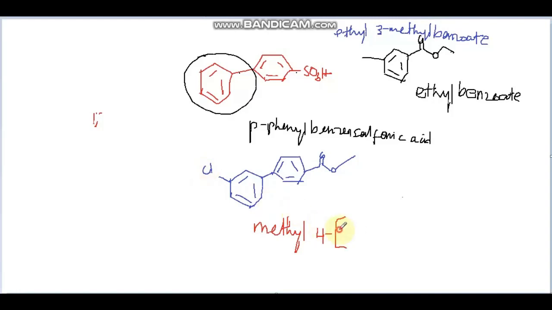So it becomes 3-chloro phenyl in bracket. This means that we have a phenyl group with a chlorine at position 3. Now the whole of this bracket is at position 4 of the benzoate. So it becomes methyl 4-(3-chlorophenyl) benzoate.